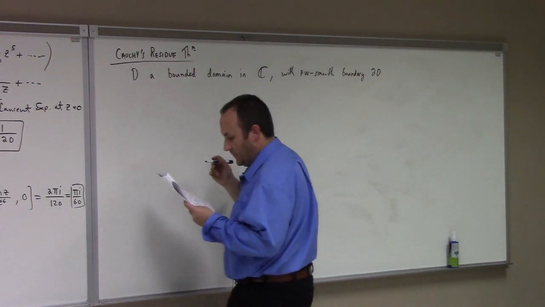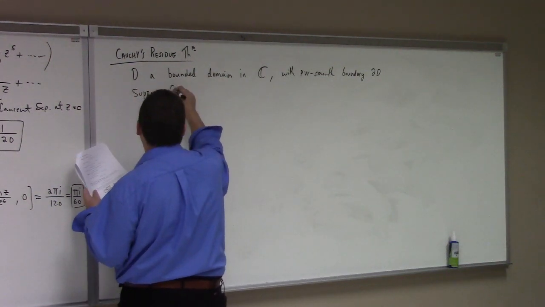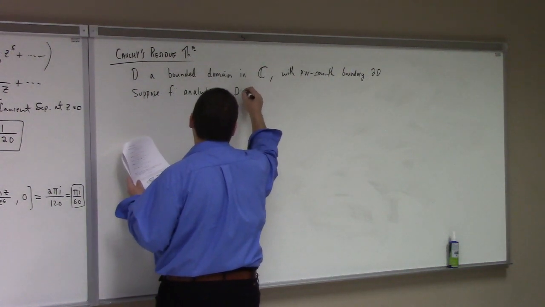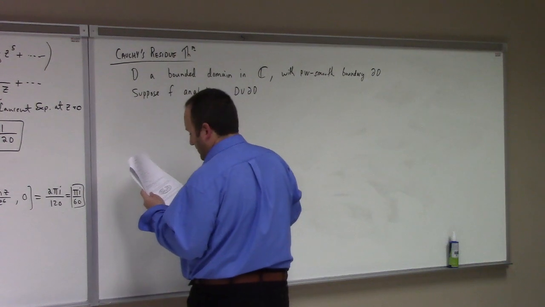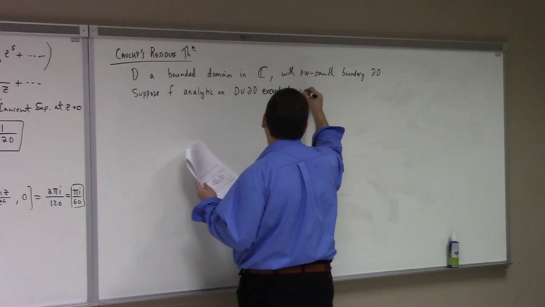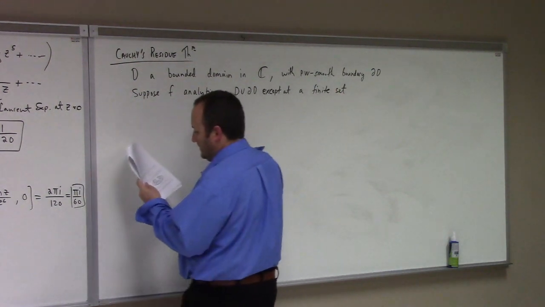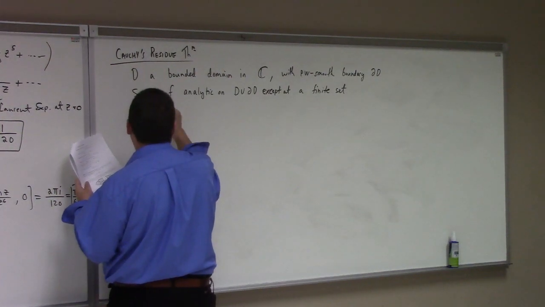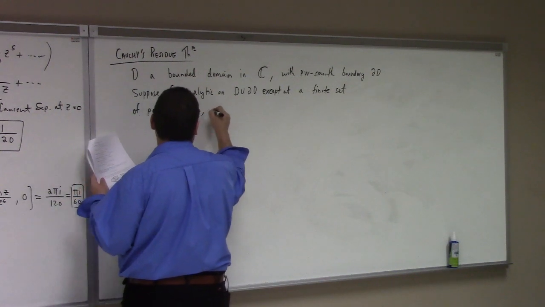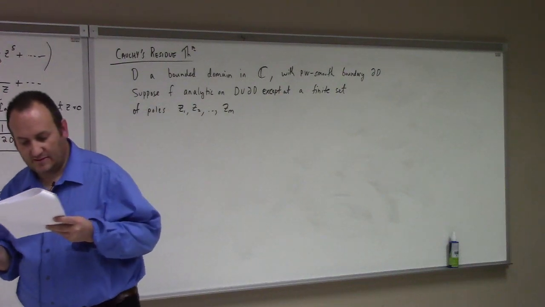And suppose that f is analytic on D union the boundary of D, except at a finite set of poles z1, z2, ... zm. My notes say finite number of isolated singularities.